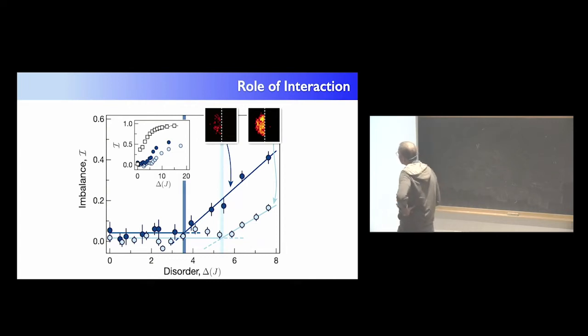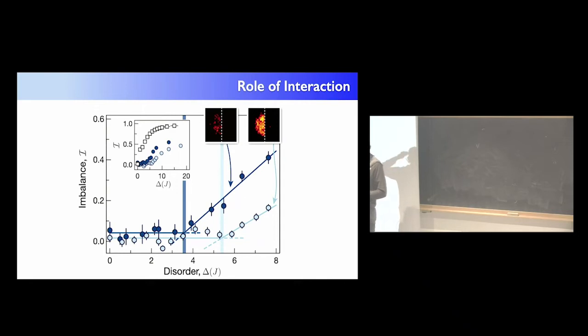One way, again, to check whether we can recover Anderson physics: unfortunately, in this experiment we don't have a Feshbach resonance, so we can't tune interactions to 0 like in the first experiment, but we could dilute the system. By making the system in 2D more and more dilute, you expect to go back to the Anderson limit. For an Anderson local insulator, remember, in 2 dimensions arbitrarily weak disorder already localizes the system.